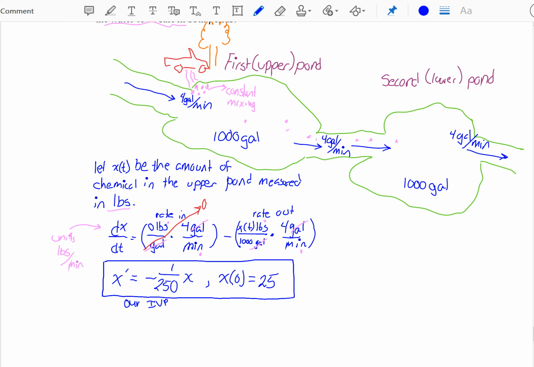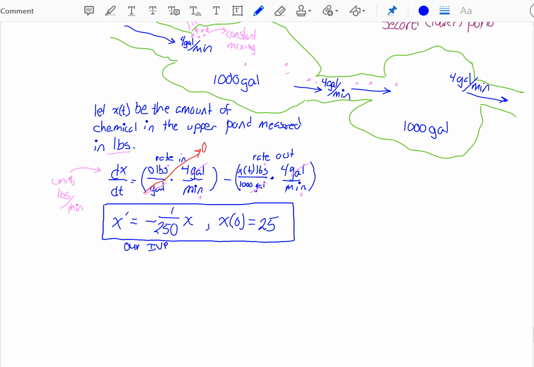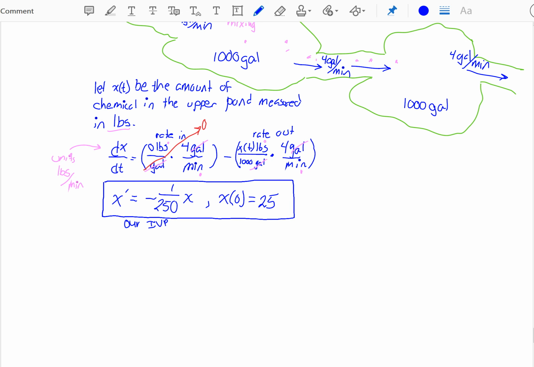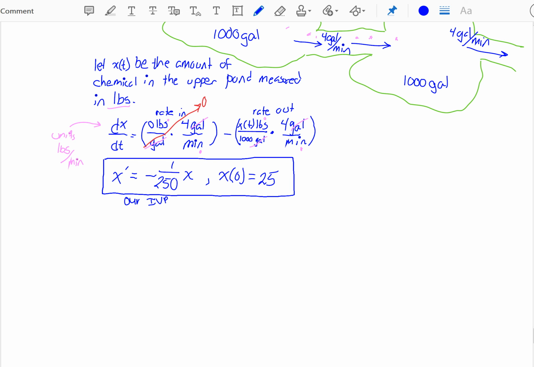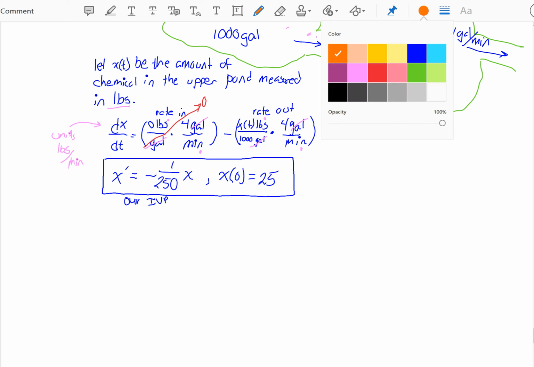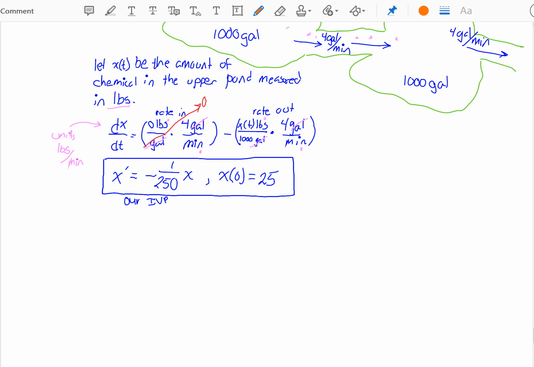Now, we've solved a fair number of differential equations up to this point, and so for this particular problem, I'm not going to show the algebraic solution to this differential equation. If we're thinking about form recognition, remember that there's only one function whose derivative is a multiple of itself.